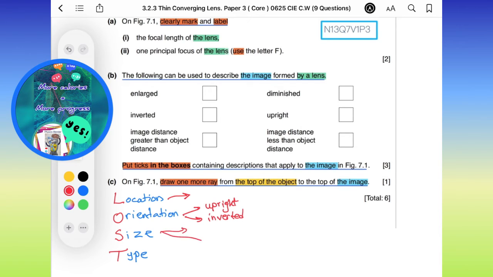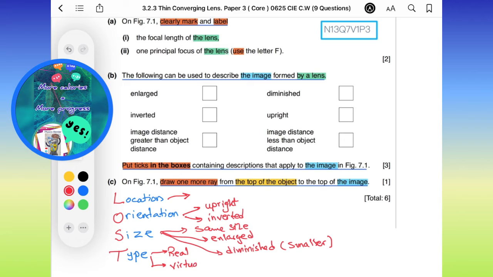Size: we have 3 options. It could be the same size as the object, enlarged, bigger, or diminished, which means smaller. And the type, you know that it could be real or virtual, but for core students we only have cases of real images formed by a converging lens.